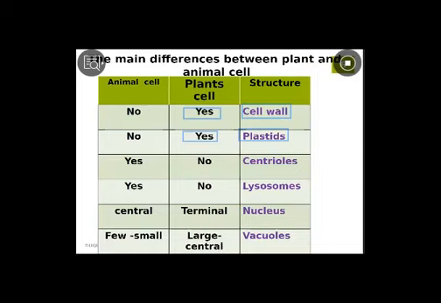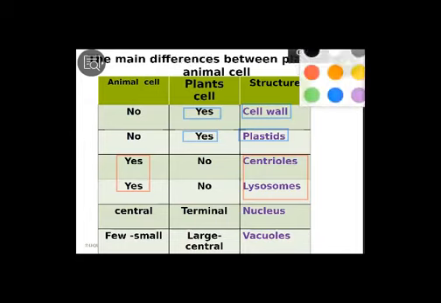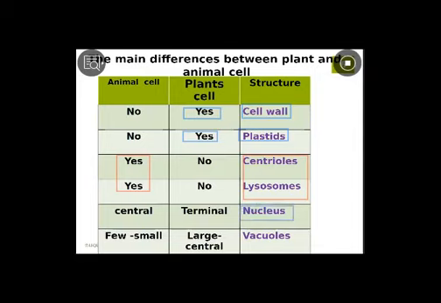But centrioles and lysosomes are present only in animal cells and not in plant cells. Understand? Nucleus, Noah, is present in both animal cells and plant cells.